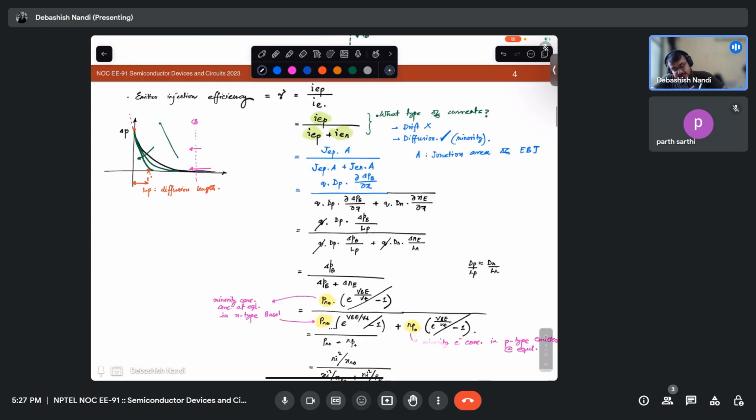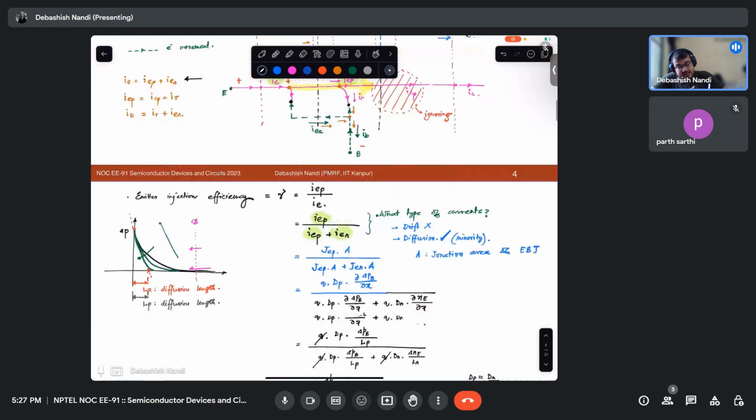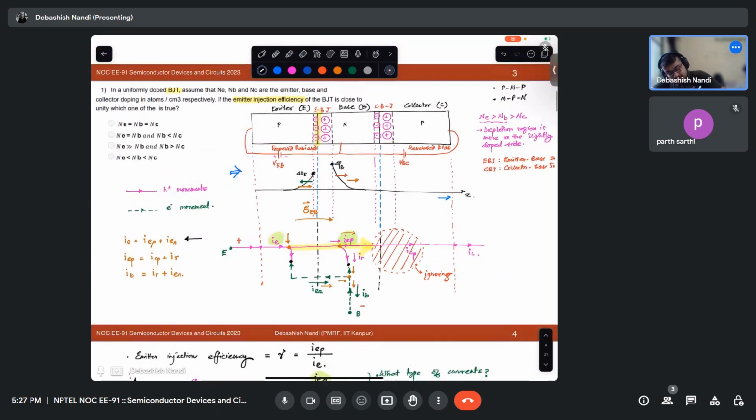So now what is N_n0? Can you tell me what N_n0 is? At equilibrium, what is the carrier concentration of this P type? This will be nothing but N_E, the doping concentration of the emitter, and this will be nothing but the doping concentration of the base, under the 100% ionization approximation.